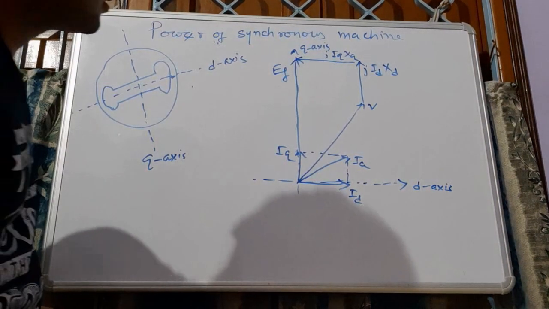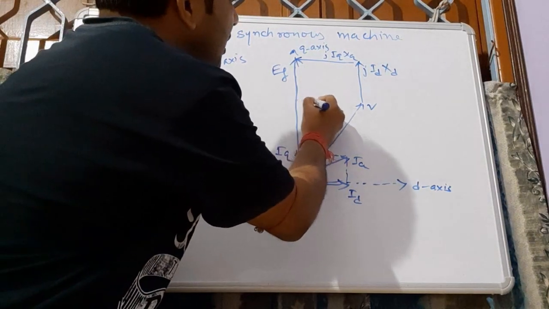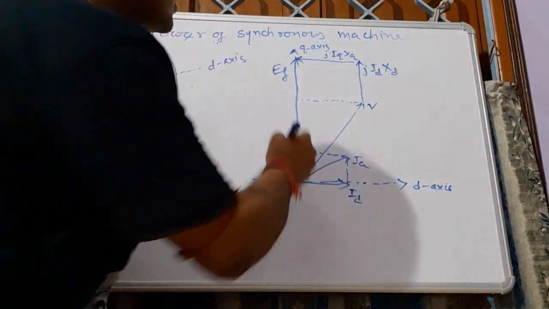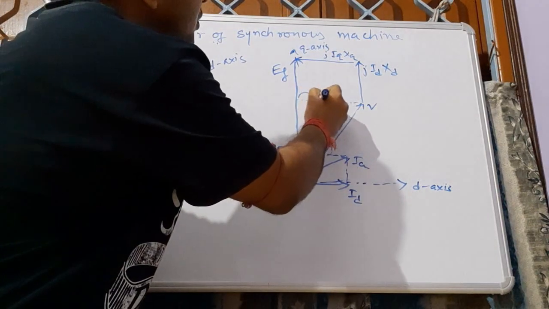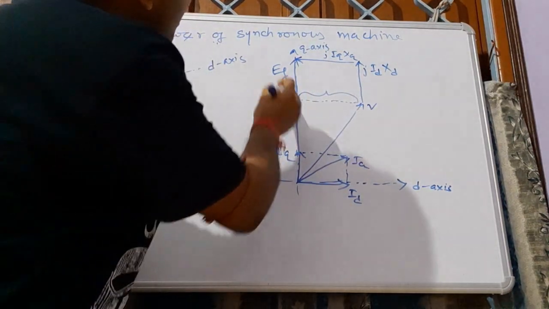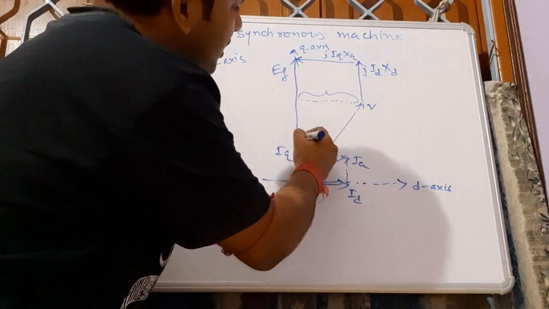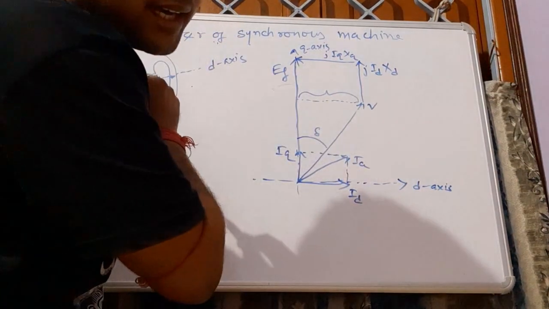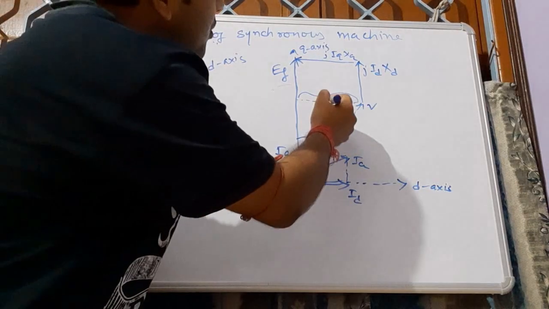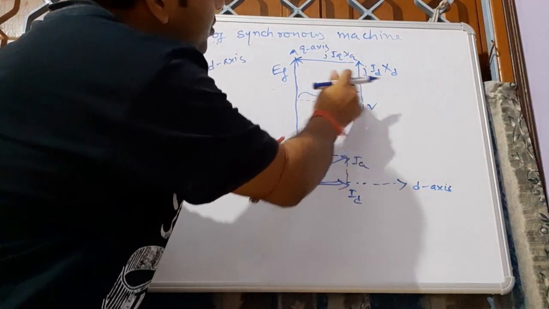Now if we draw like this, the angle between EF and V is our load angle delta, right? Now what will be this portion?